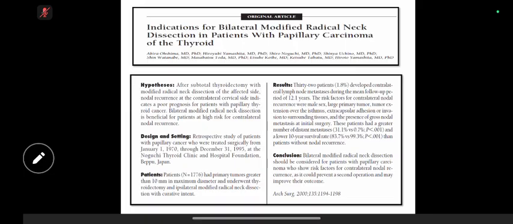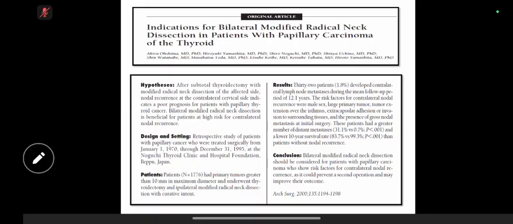It was also a retrospective study from January 1, 1970 to December 1, 1995 in Japan, with approximately 1776 patients having tumors greater than 1 centimeter in maximum diameter who underwent thyroidectomy and ipsilateral modified lateral neck dissection with curative intent.